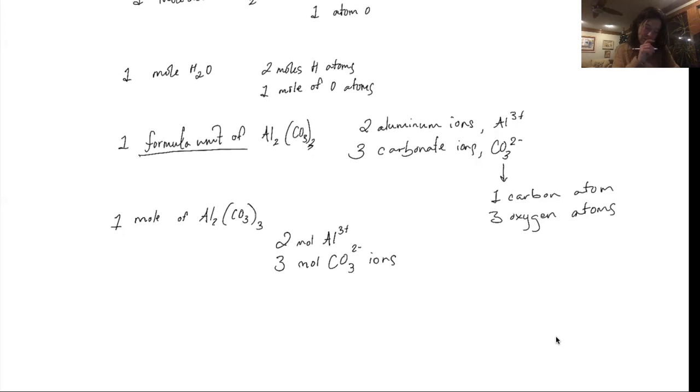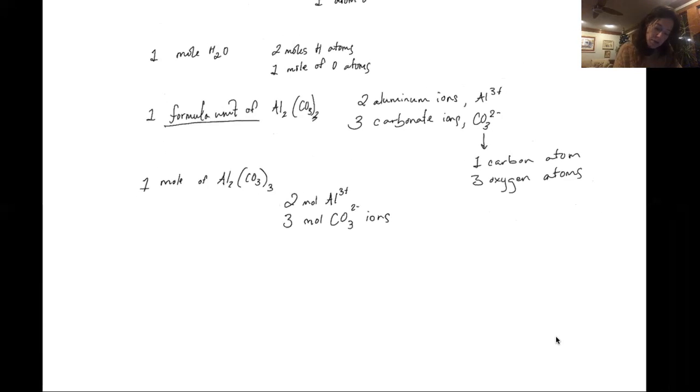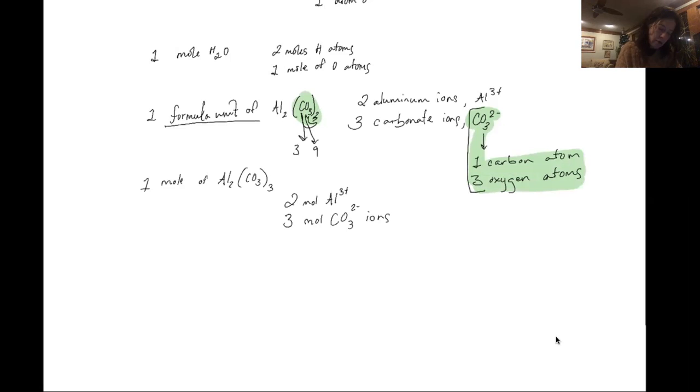Now, I do want to clarify something, that each of these contains the 1 carbon atom and the 3 oxygen atoms. But over here, I actually have 3 carbon atoms and 9 oxygen atoms, right? But this was in reference to only 1 of those molecular ions, if you will, okay?